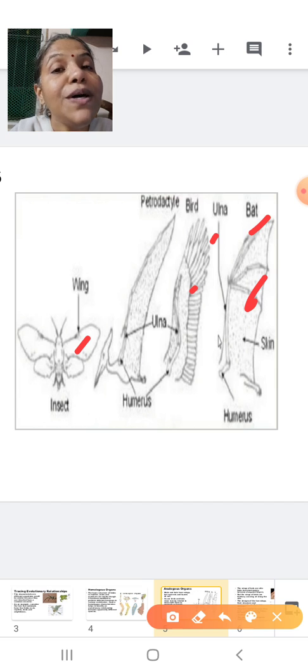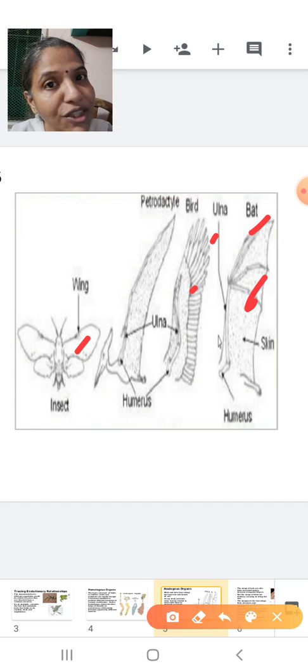In case of the birds, the wings are covered by feathers. Whereas in case of a bat, it is a fold of the skin which is extended. That means all these animals have different organs. Chitin, feathers and the extension of skin are different substances, but all of them are performing the same function.